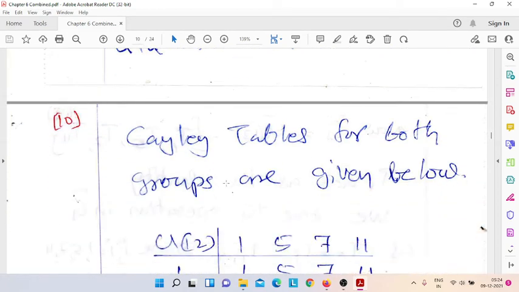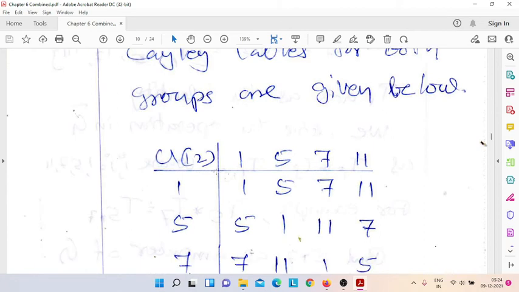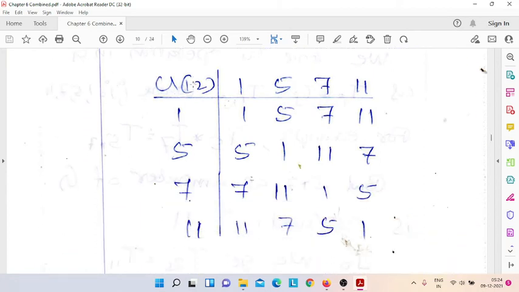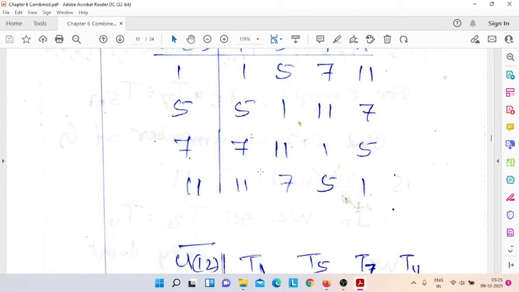The Cayley tables for both groups are given below. You can write the Cayley table for U12 with 1, 5, 7, 11 along the column, and the answers obtained after the operation are also given here.